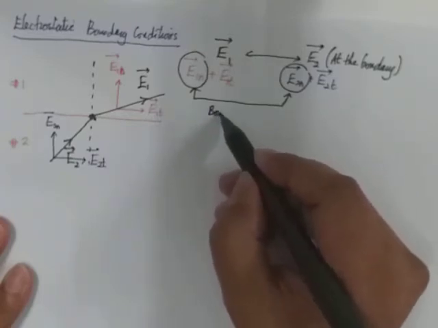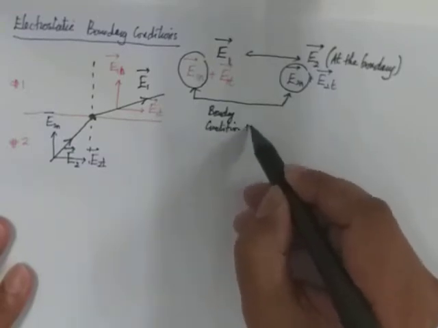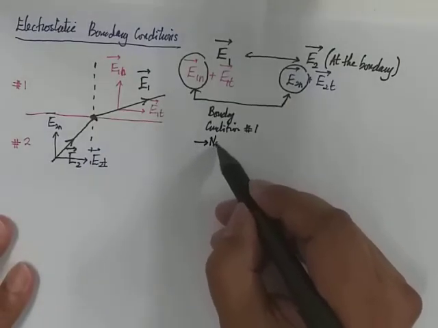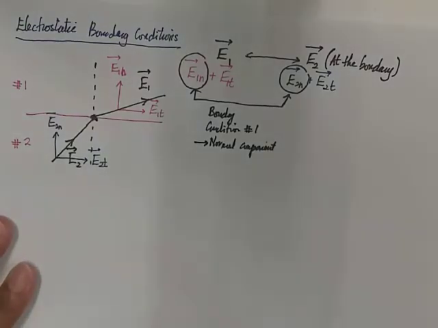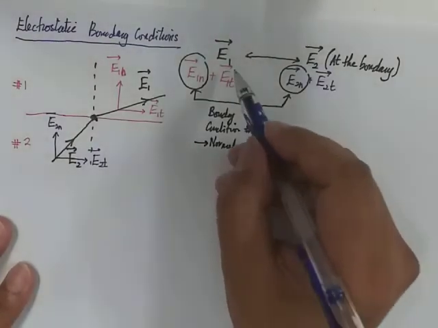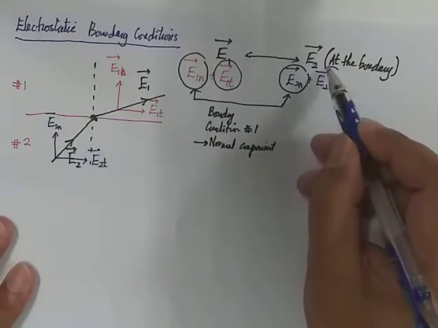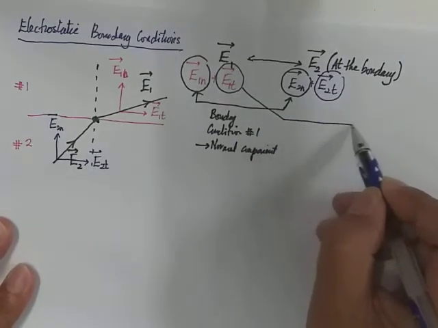Boundary condition number 1, which is only focused on the normal component of the field. That's done. That should be our first equation relating E1 and E2, but only focusing on the normal part. Then if we focus on the second term, the tangential, we're going to have the second boundary condition equation.